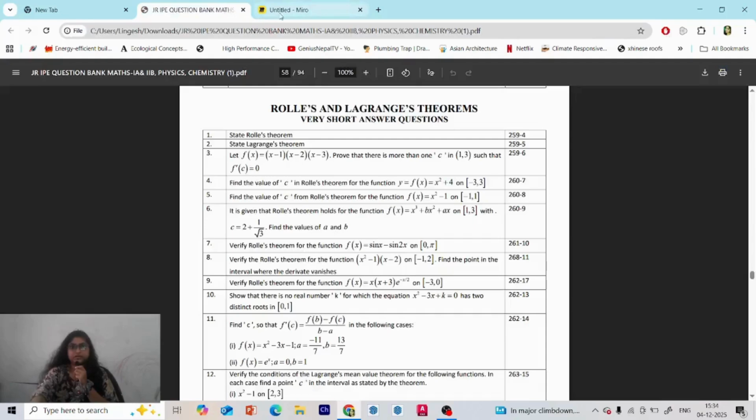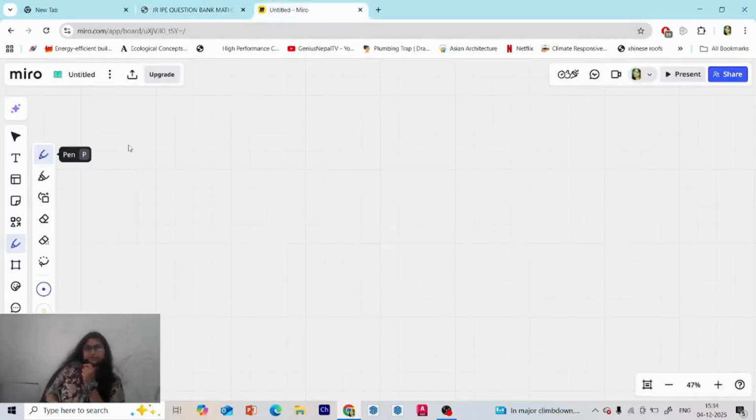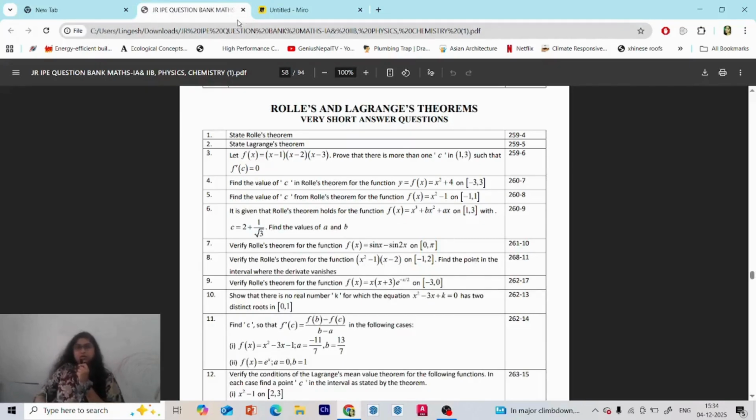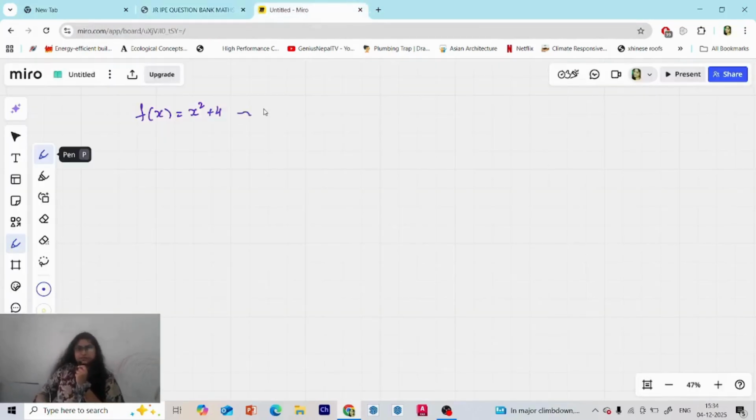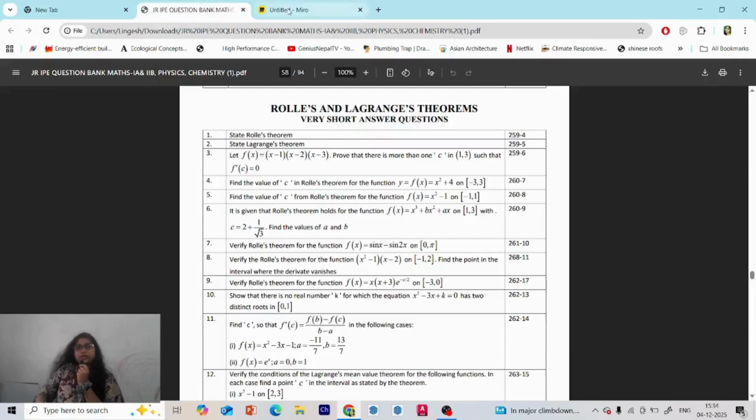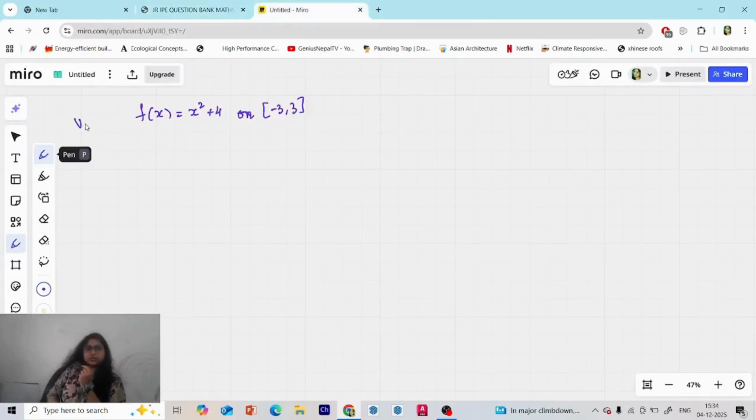We have to find out the value of c in Rolle's theorem.